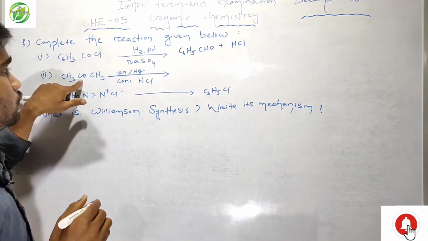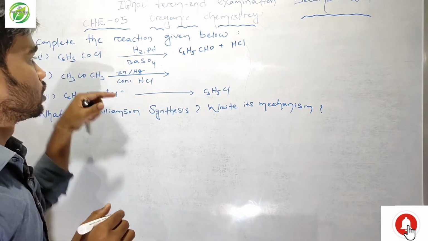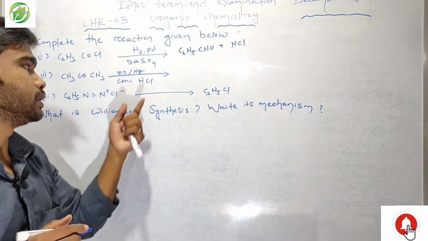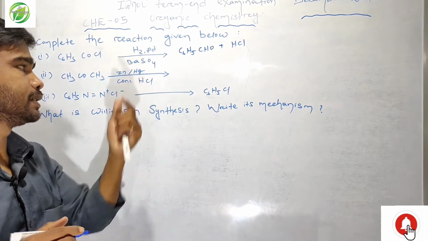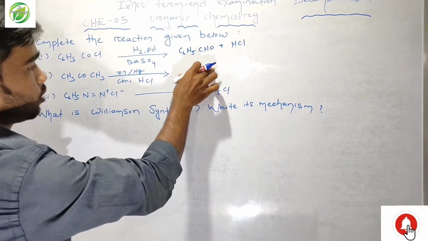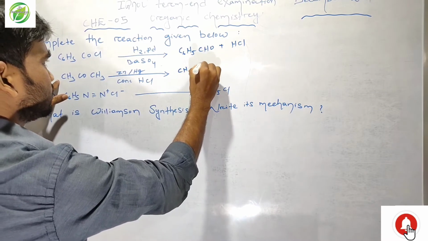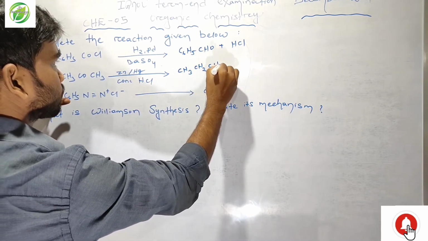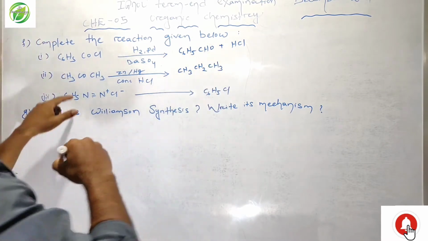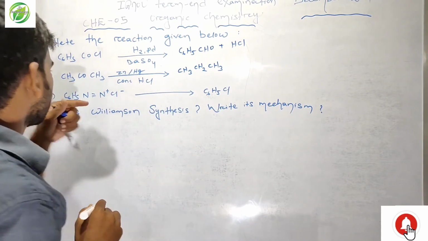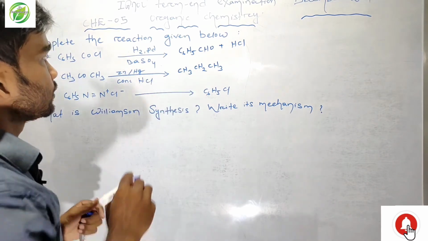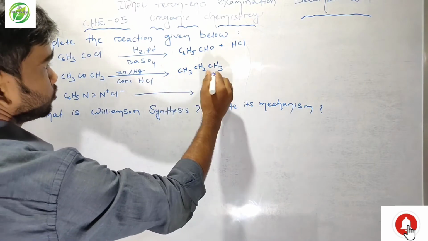When this ketone reacts with zinc amalgam, or zinc with Hg, with concentrated HCl, the alkane is formed. Friends, this ketone is converted to an alkane. This is propane.